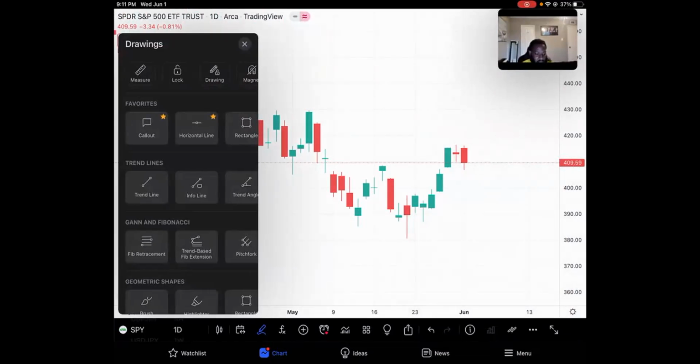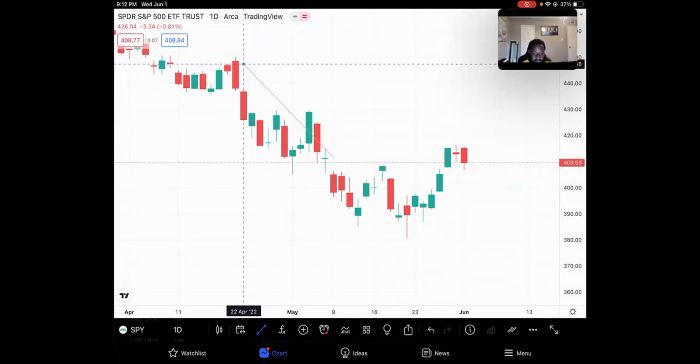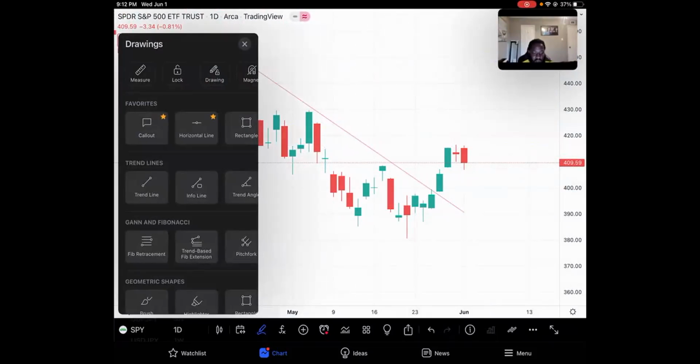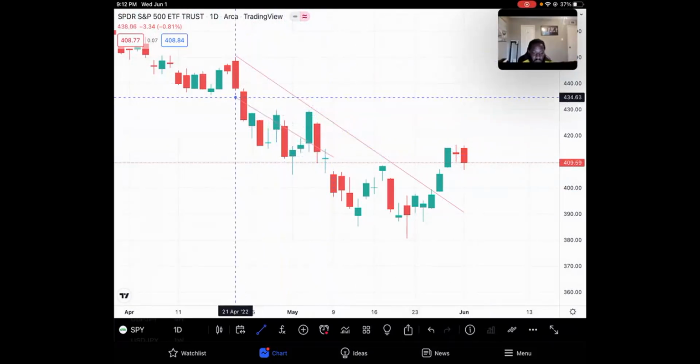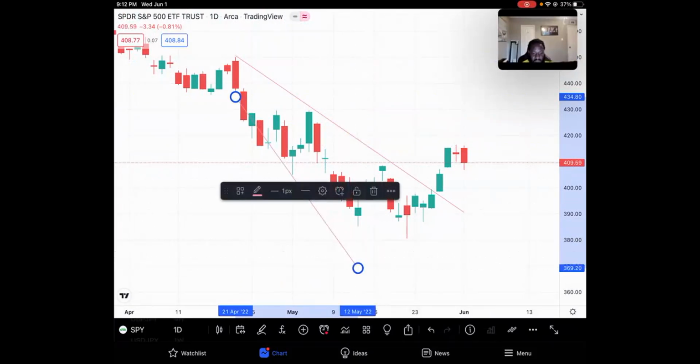So you can use the trend line to draw your lines. I don't know if I'm doing it right.